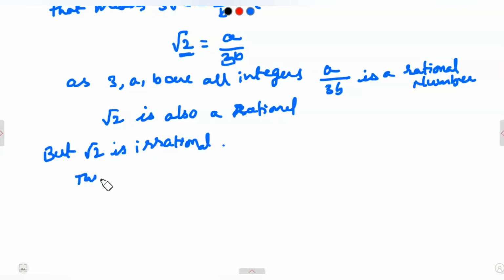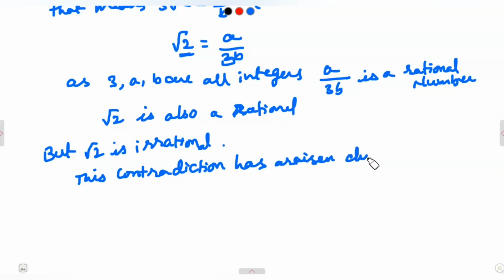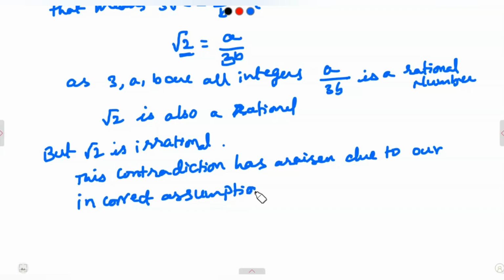So this contradiction has arisen due to our incorrect assumption that 3 root 2 is rational.